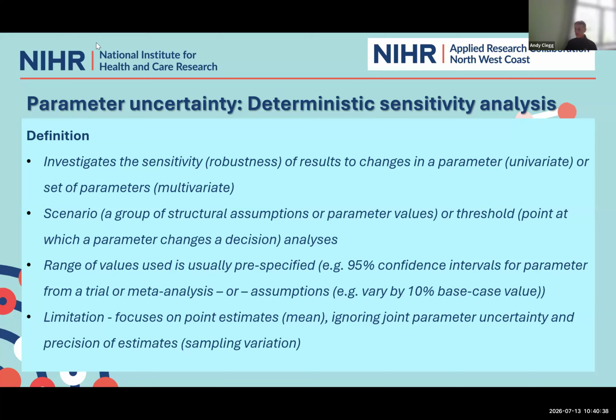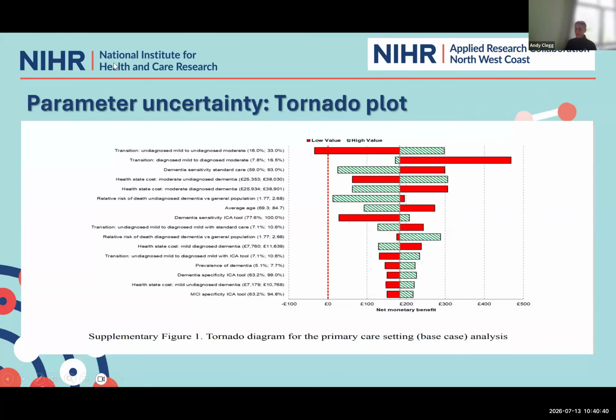Next slide, please, Valerio. So ways of demonstrating which variables are the most important, which ones are in particular driving a model, is to produce what's known as a tornado plot. And this particular one comes from one of those earlier examples. We talked about the integrated cognitive assessment tool for dementia.